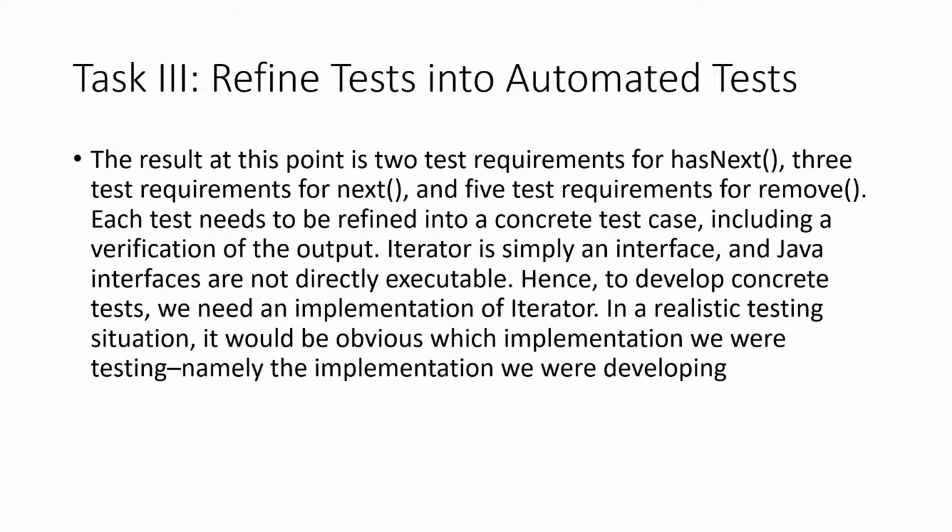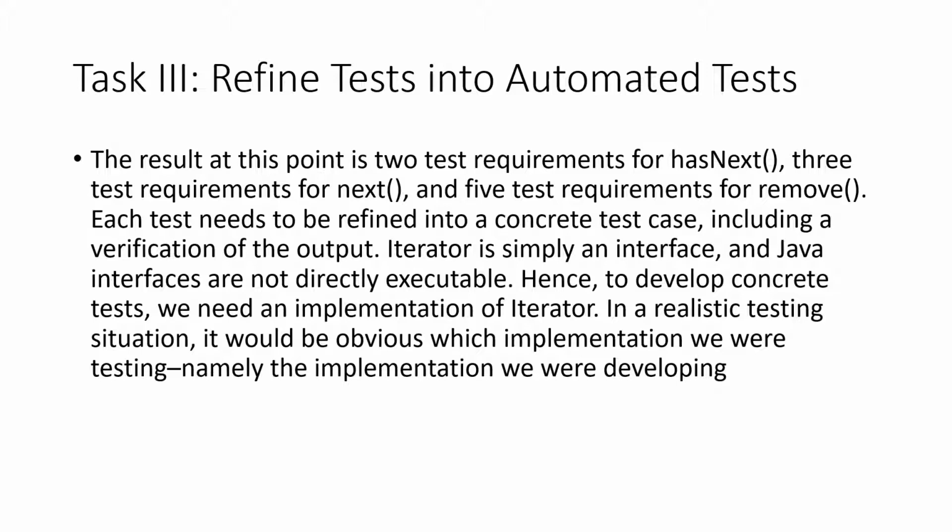The last task is to refine tests into automated tests. The result at this point is two test requirements for hasNext, three test requirements for next, and five test requirements for remove. Each test needs to be refined into a concrete test case, including a verification of the output.